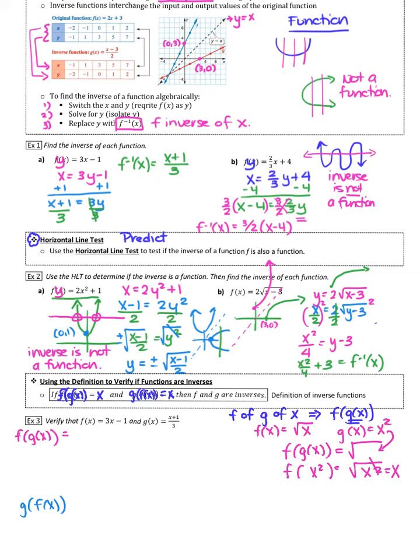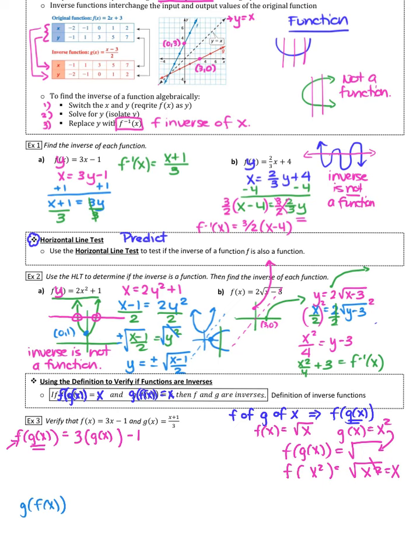So the way I do this is I'm going to take my outside function. F is called the outside function. It's outside all your parentheses. So that's 3x minus 1. So instead of an x, we're going to leave that blank because whatever's in the parentheses, that is what's going to get substituted in for x.